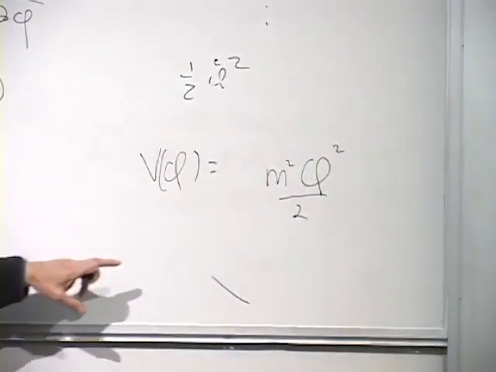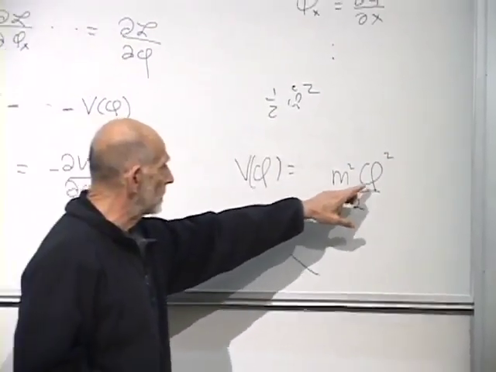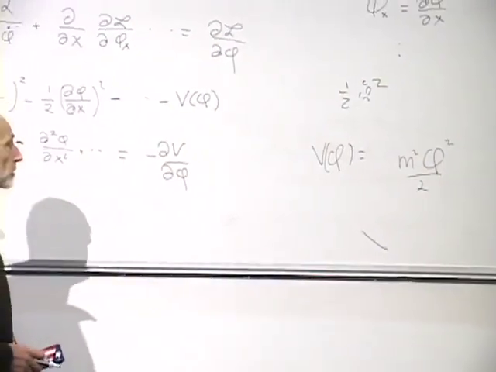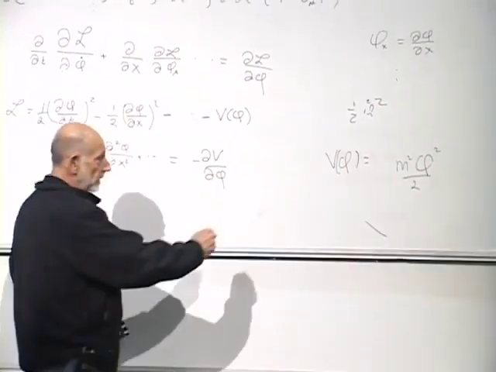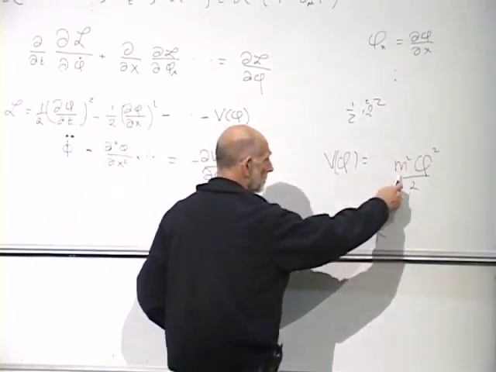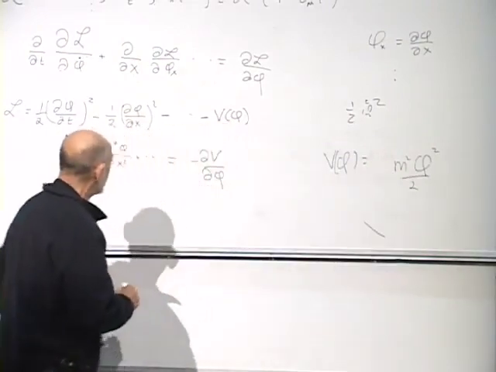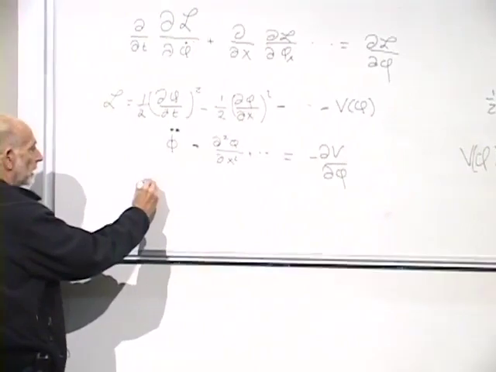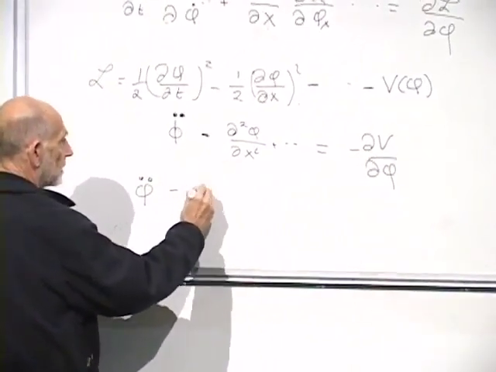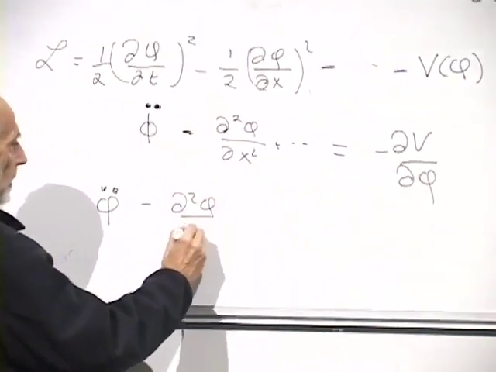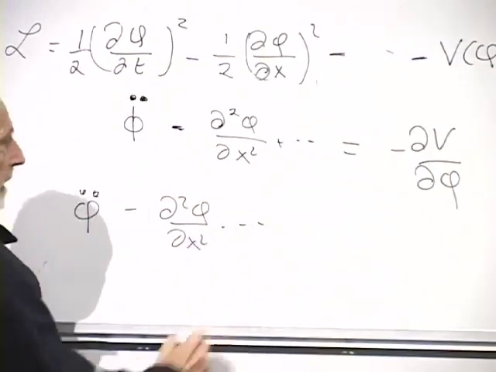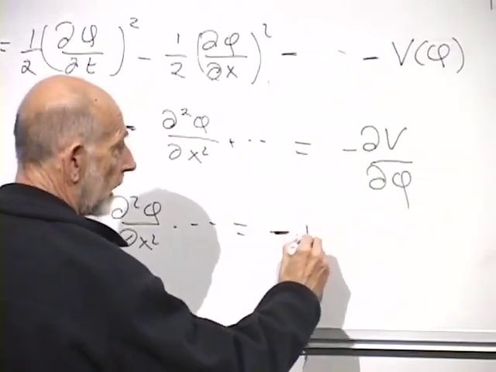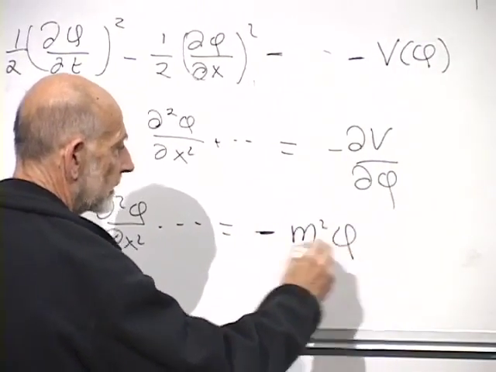What happens if I differentiate m squared over 2 phi squared with respect to phi? That gives me m squared phi. All right, so again, simple wave equation: phi double dot minus the second derivative of phi with respect to x, and so on, is equal to minus m squared phi.